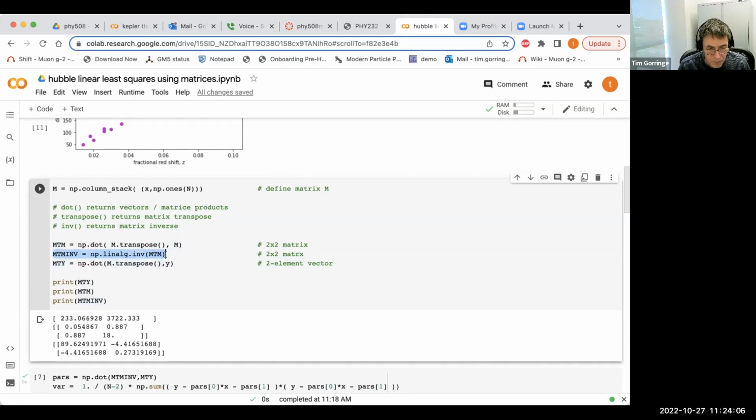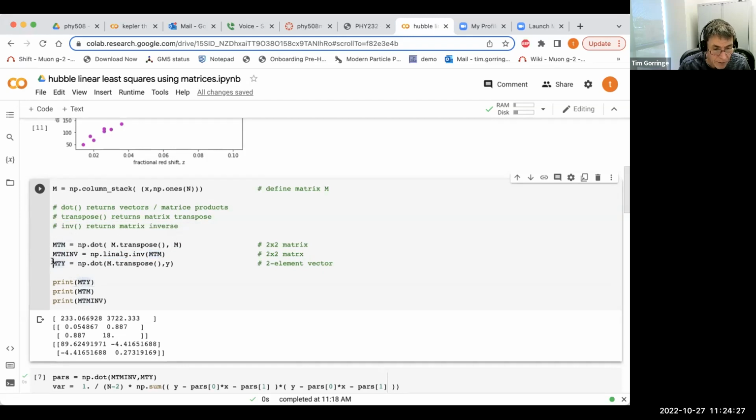Second row, second statement here. This is just calculating the inverse of the result from the previous statement. So here's the result from the previous statement, this product of the matrix and the transpose, and I'm just calling the function inverse with that as the argument to calculate the inverse matrix.